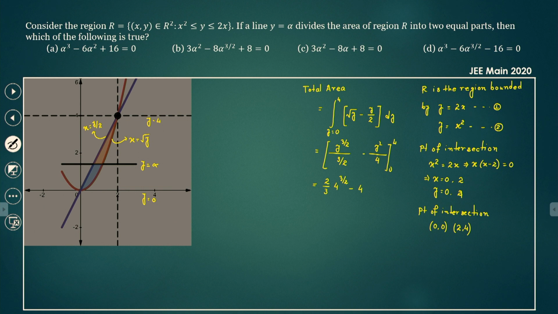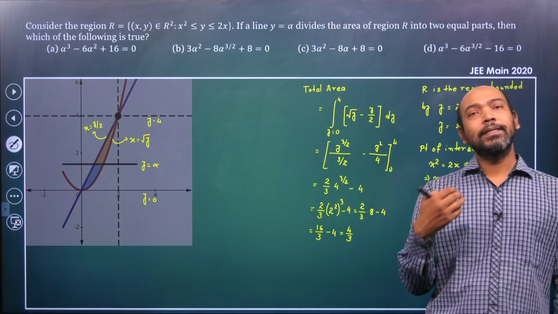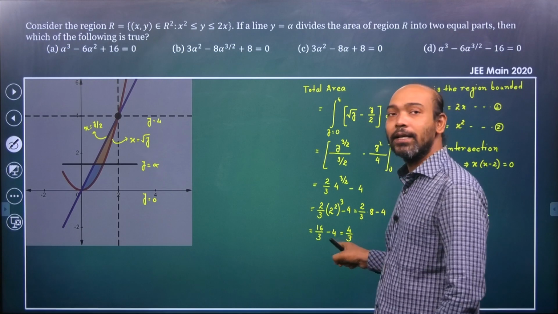That gives 2 by 3 times 2 square whole cube, minus 4. That gives 2 by 3 multiplied by 8, minus 4. So it's 16 by 3 minus 4, which is 4 by 3. So the total area bounded by these curves is calculated as 4 by 3.